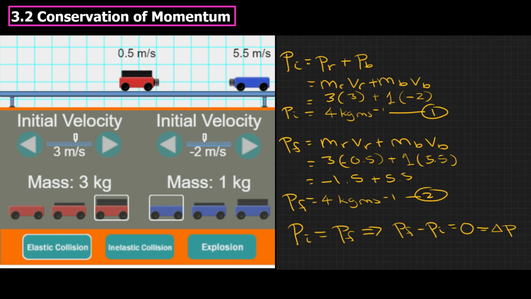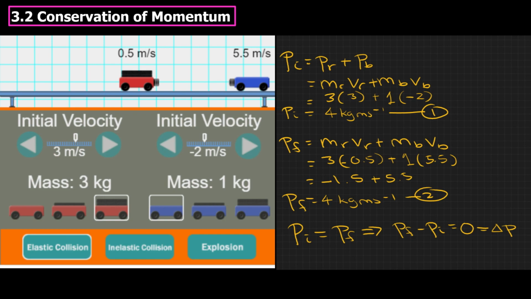So the conservation of momentum says that there is no change in momentum in a closed system. By closed we mean that these two cars are not interacting with anything: not another car, not the walls. The collision only happens between those two bodies. So momentum is conserved in a closed system.